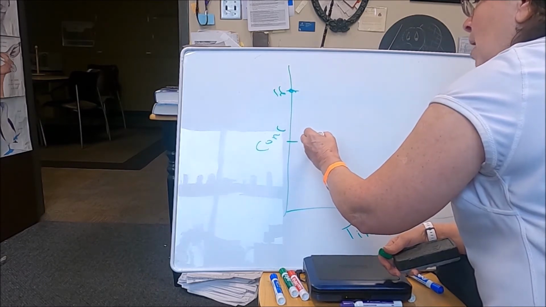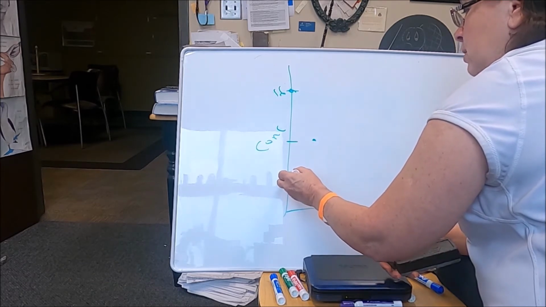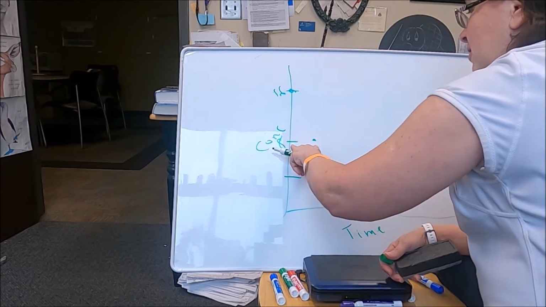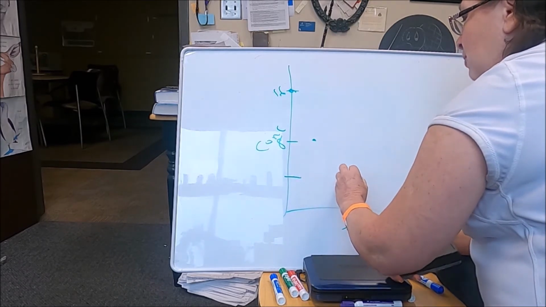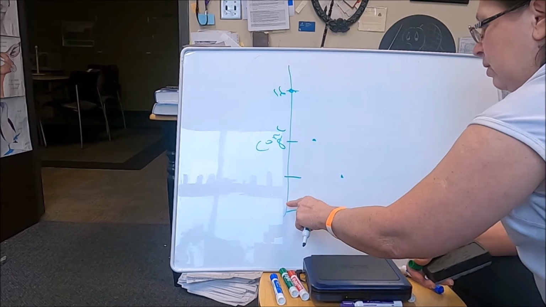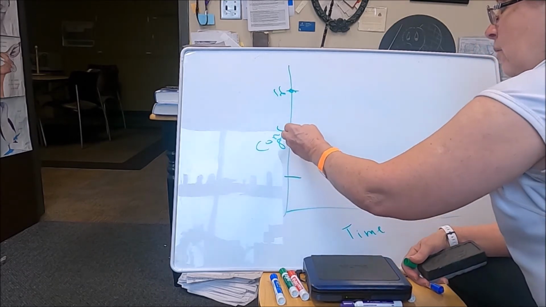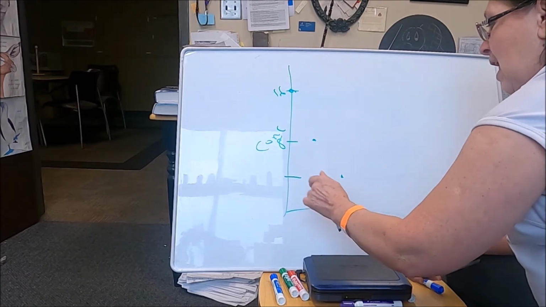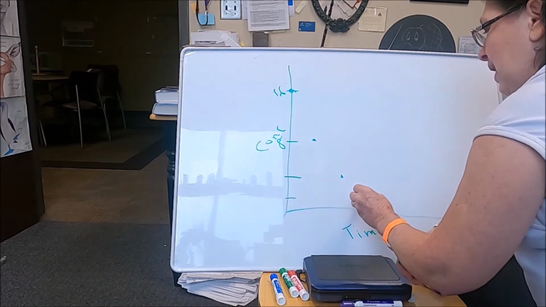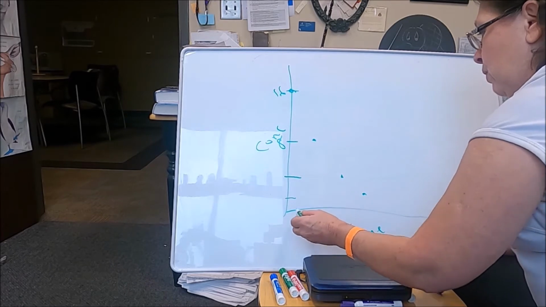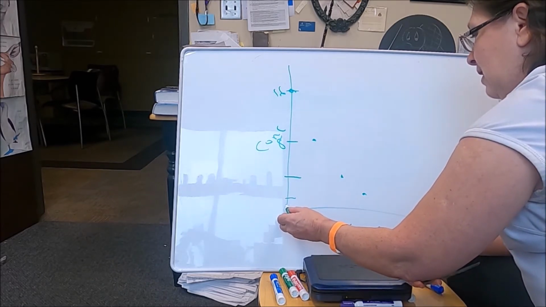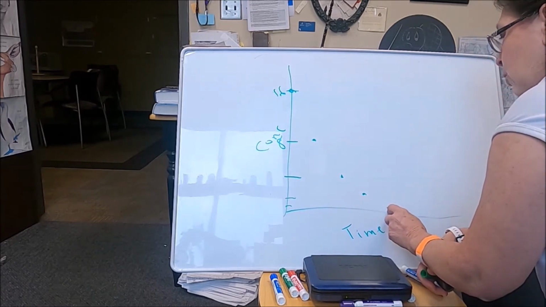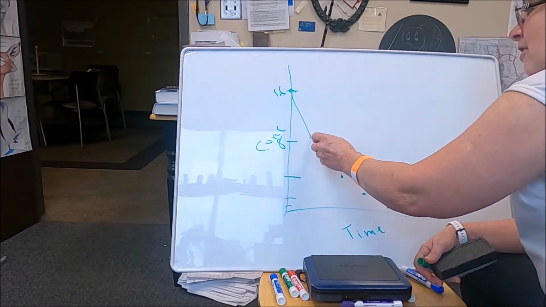At the first time spot, I'm down to 8. At the next time spot, I'm down to 4. So 16, 8, 4. In the next time spot, I'm down to 2. And then in the next time spot, I'm down to 1.